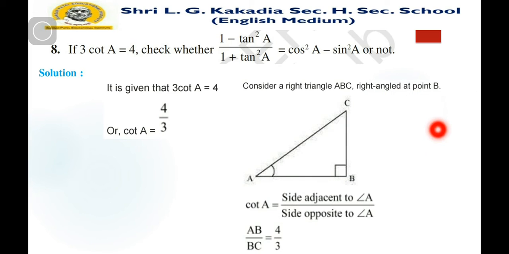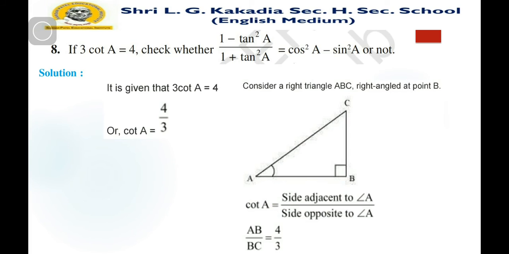consider a right triangle ABC, right angle at B. We are given cot A, so we take according to angle A. So cot A is equal to the side adjacent to angle A upon the side opposite to angle A. So let AB upon BC is equal to 4 upon 3.